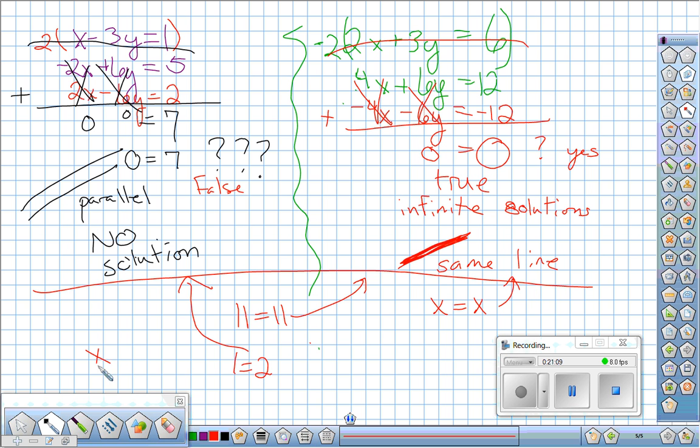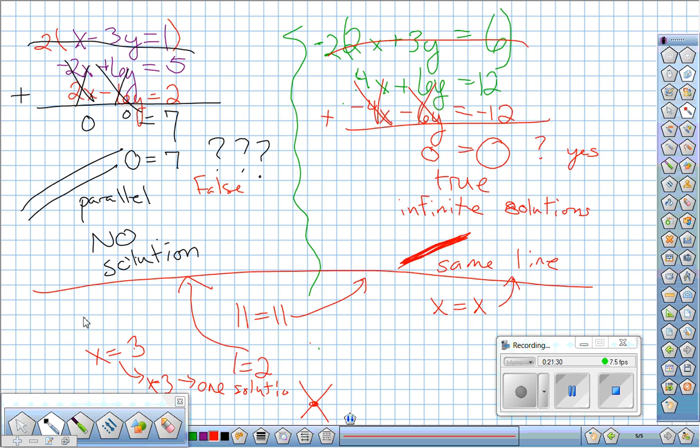If you get x equals a number, like x equals 3, that means I need to plug it back in and find the other variable, and then I actually just have one solution. If I think about the graphs, that would be when they actually cross.